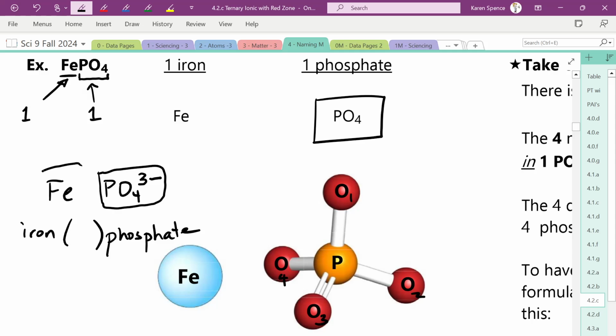We only have one iron, so what is the charge on that iron going to be? It has to be 3 plus. Okay, so we have 3 plus and we have 3 minus. That equals 0 altogether, which every compound should equal 0. And that gives us iron Roman numeral 3. Because the charge of the ion is the Roman numeral.